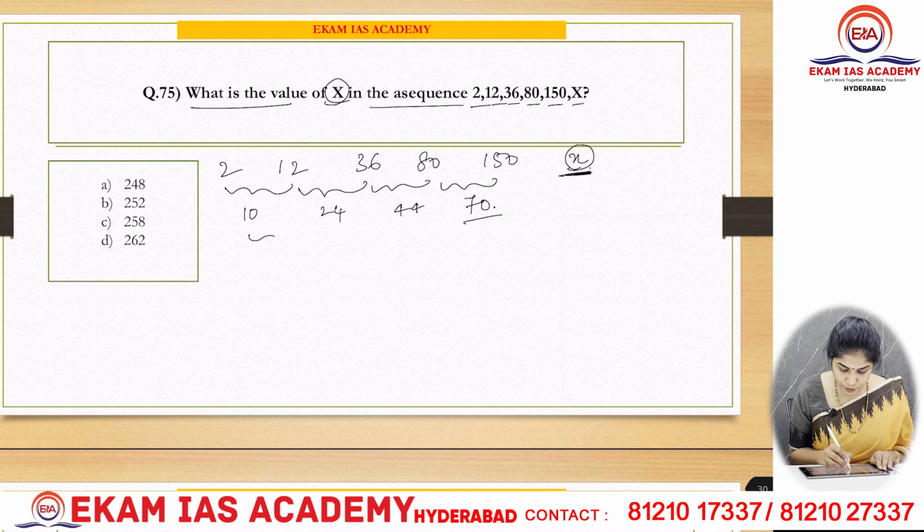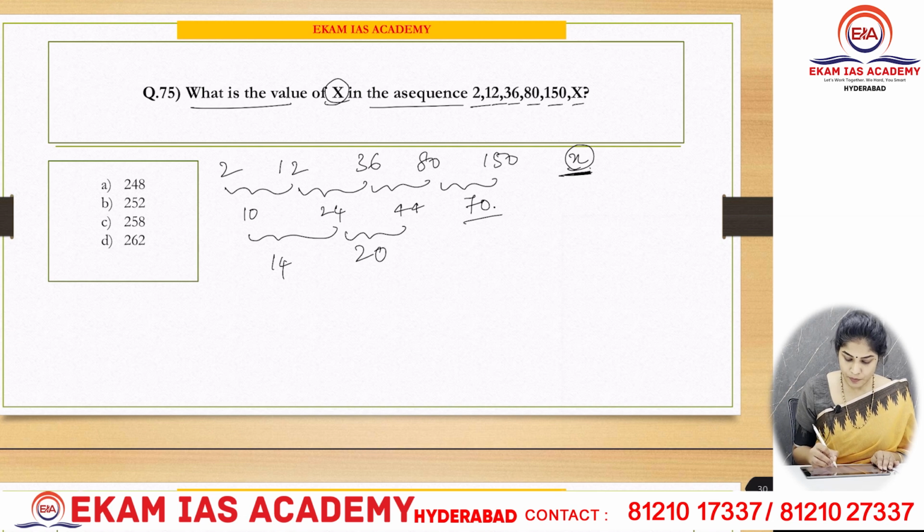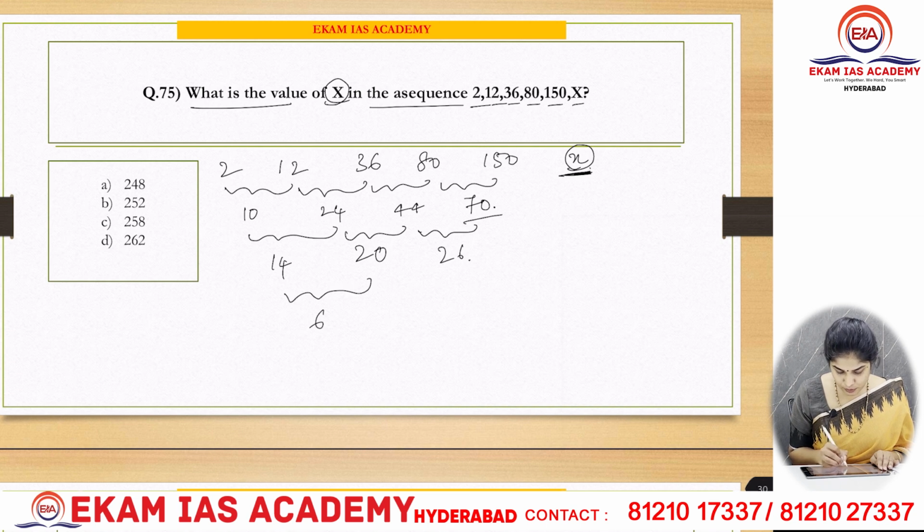So, let us see the differences of these also. The difference is 14, and what is the difference between 44 and 24? It is 20, and the difference between 70 and 44 is 26. Let us see the differences between these also. This is 6 and this is 6, so this should be 6.